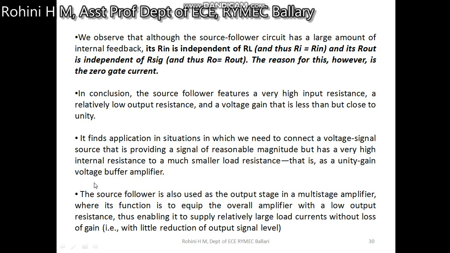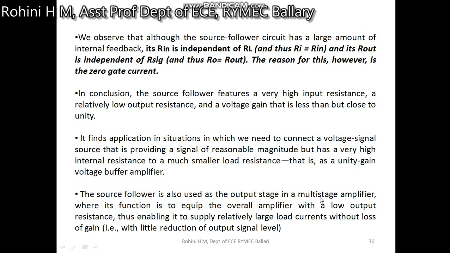You might know what a voltage buffer is from your basic electronics. What does a voltage buffer do? Whatever input we give, the same thing we get at the output. So in the voltage buffer we normally use this source follower type of amplifier. Next, the source follower is also used as an output stage in a multi-stage amplifier. Suppose we are not using a single amplifier, but many amplifier circuits one after the other.